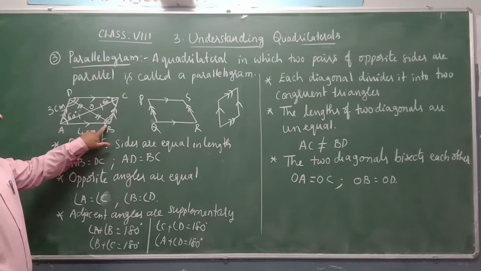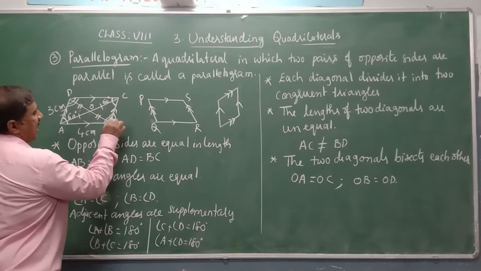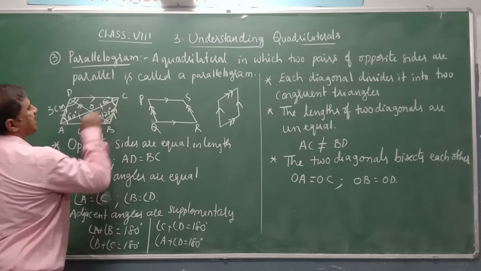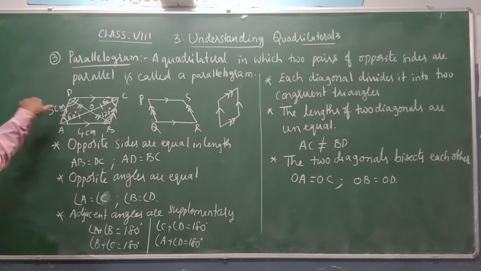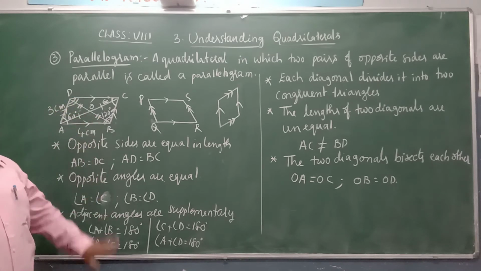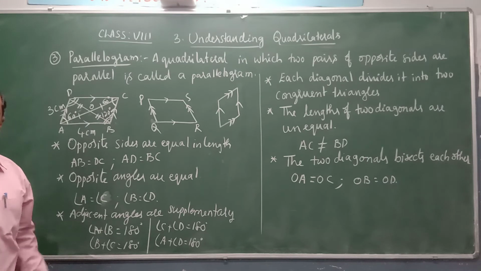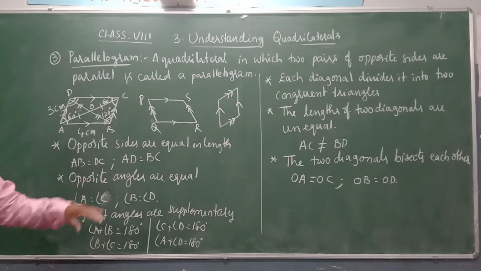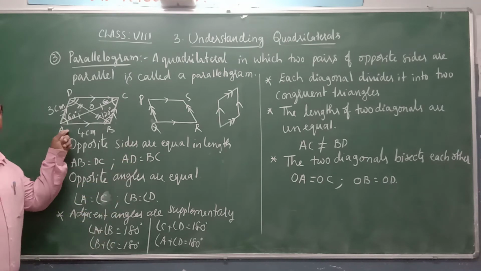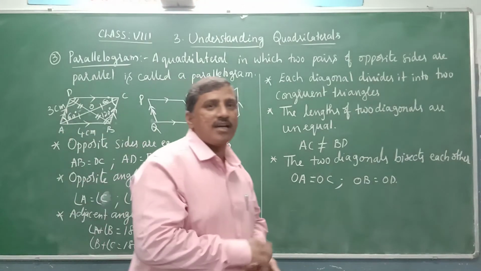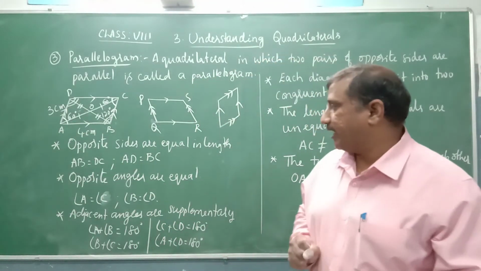If angle B is 120 degrees, then how much will be angle D? Yes, it is 120 degrees because they are opposite angles. If we know one angle, we can find its opposite angle, which is equal.